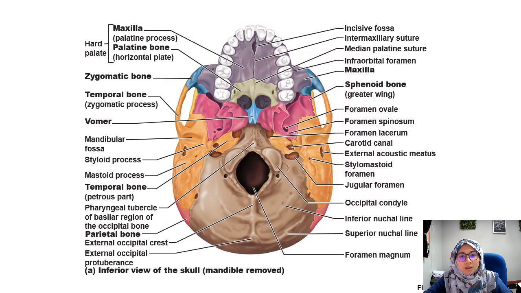From the inferior view, from below, we may see the zygomatic bone, temporal, and vomer. The vomer is the bone that divides our left and right nose.